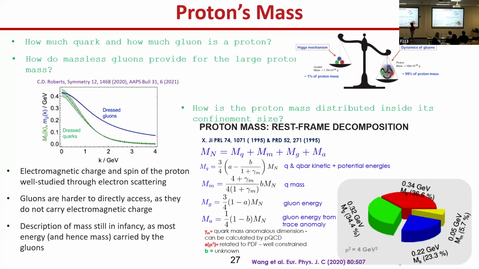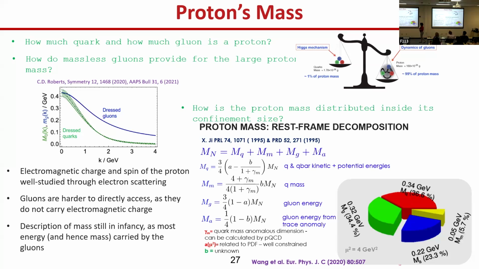There is a theory developed by Craig Roberts and collaborators using the Dyson-Schwinger equation, in which they are able to prove that depending on the momentum, quarks and gluons acquire some mass. This is one theory that explains how the mass is dynamically generated.